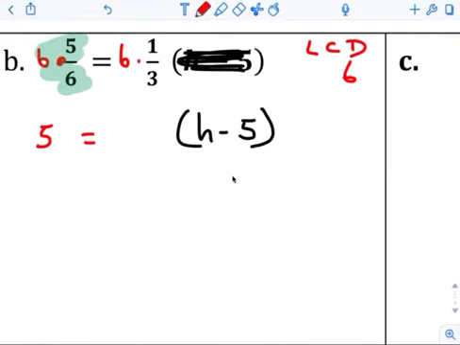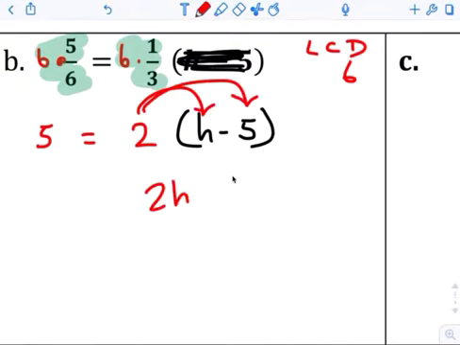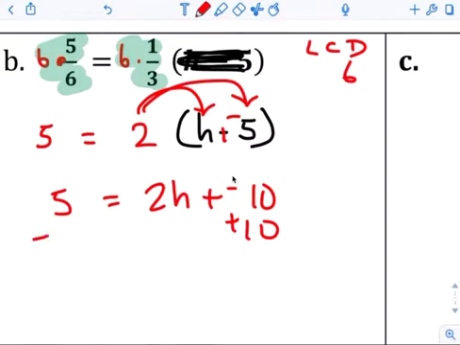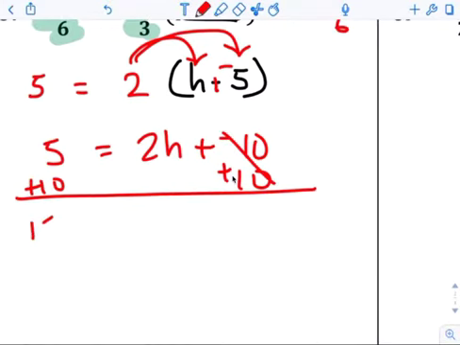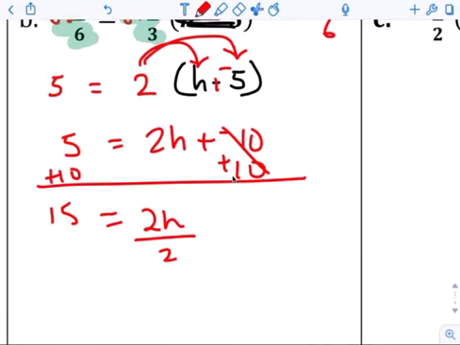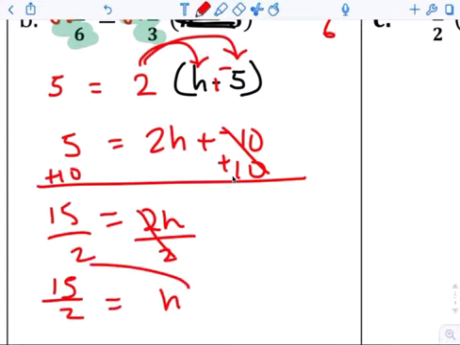Multiply this, you get 2. Distribute 2h, additive inverse, plus negative 10. Add 10. 15 equals 2h. Divide by 2. H equals 15 over 2.